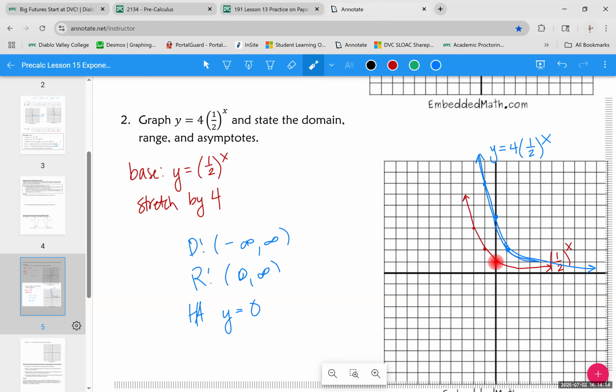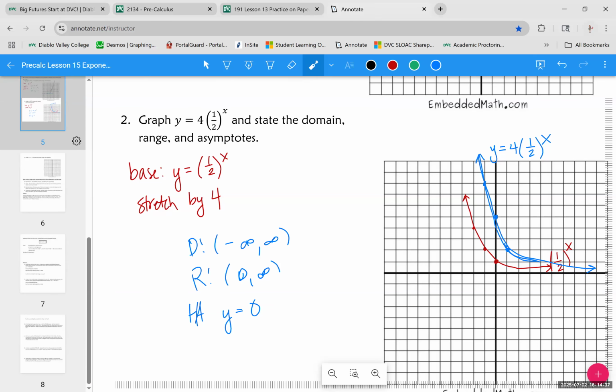So if this y value is 1, it needs to move up to 4. If this y value is 2, it needs to move up to 8. This one was 1/2, it needs to move up to 2. Okay. So that's what gave me my graph of the final function here in blue. You'll notice I did not change the horizontal asymptote or the range for that matter, and the domain is always going to be -infinity to infinity.